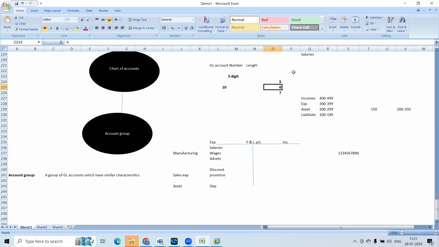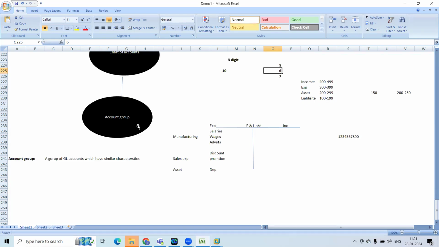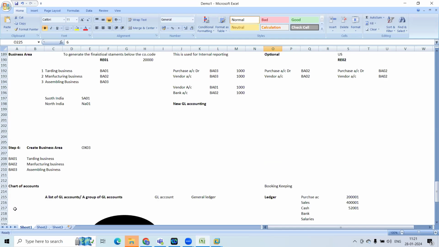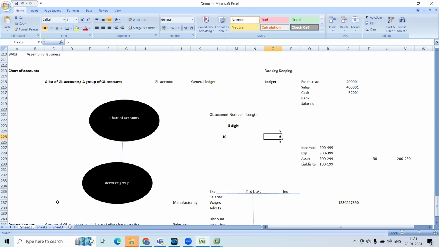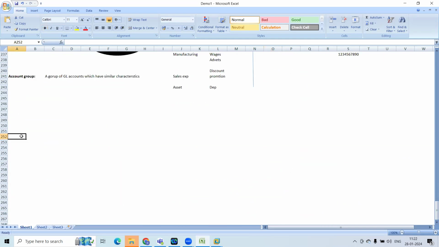Okay. Now chart of accounts. We said chart of accounts is a list of GL accounts or group of GL accounts. This chart of accounts has 3 types.